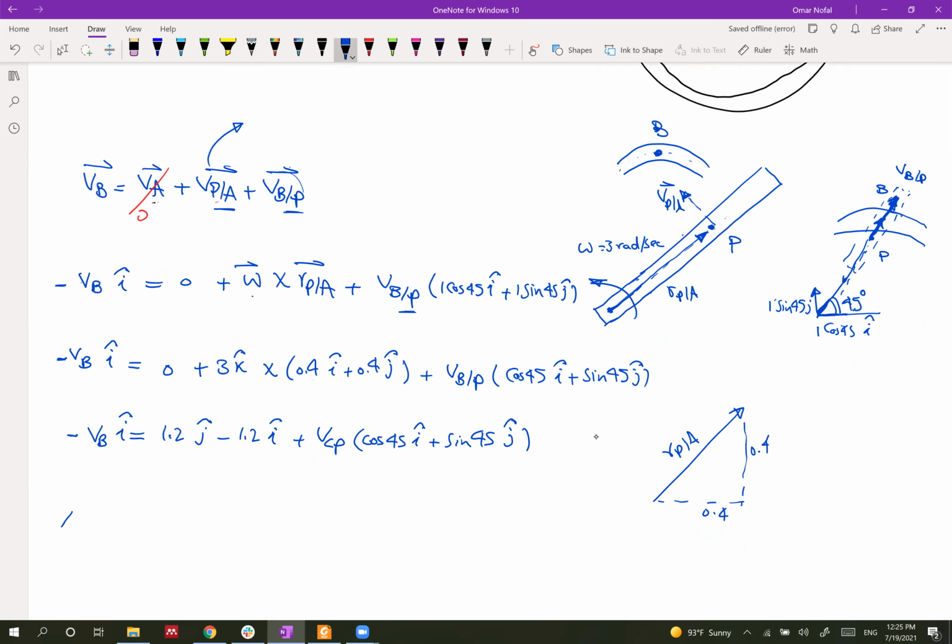And in this equation, you can divide it into two, one in the X direction, which is the I hat, plus Y, which is the J hat. And this should give us two equations.